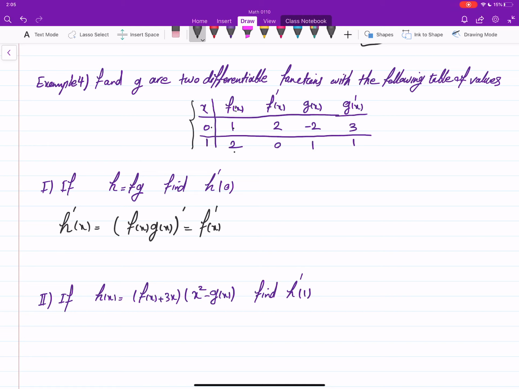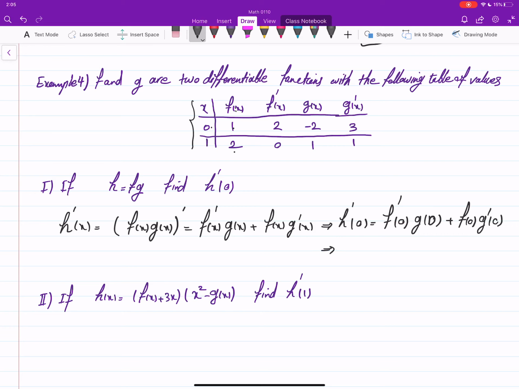So f prime times g of x plus f of x times g prime of x. That's the product rule. If I'm looking for h prime at 0, I have to find f prime at 0, multiply that by g at 0, plus f at 0 times g prime at 0.